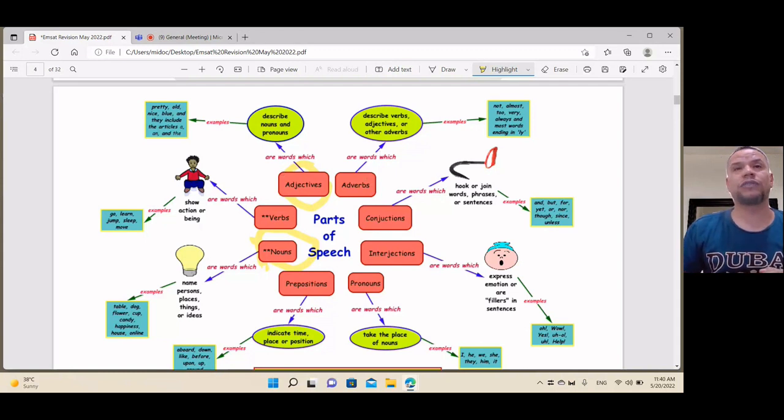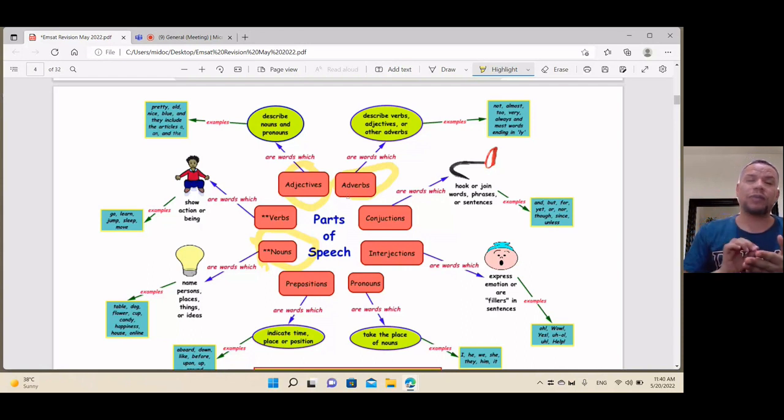What are adverbs? Look at me. Adverb means related to the verb, while an adjective is related to the noun. So adverbs are words that describe a verb. If I say he slept yesterday, I have a verb, sleep, here in the past, slept.